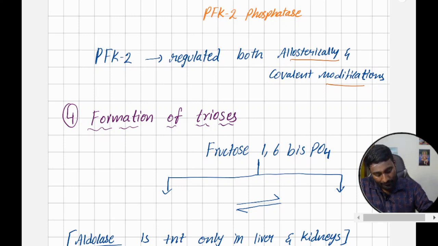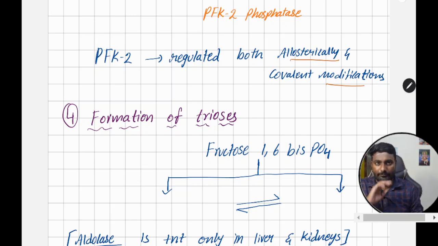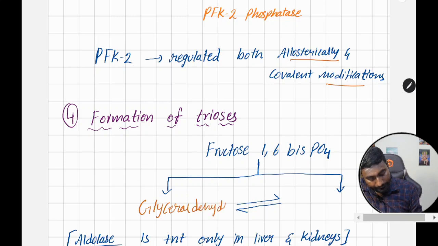Now, fructose 1,6 bisphosphate is getting broken down into glyceraldehyde and dihydroxyacetone phosphate. What is this enzyme here?